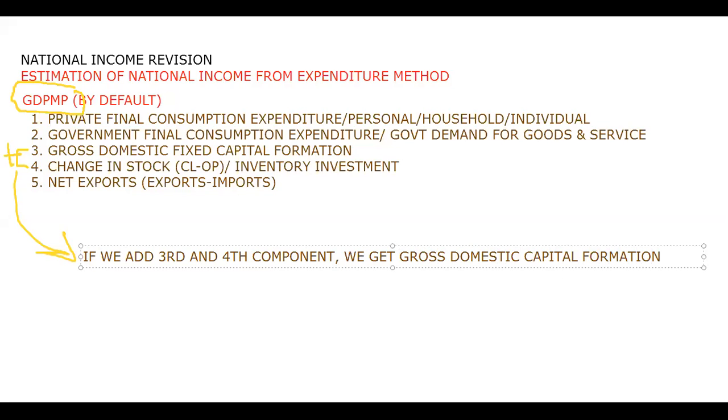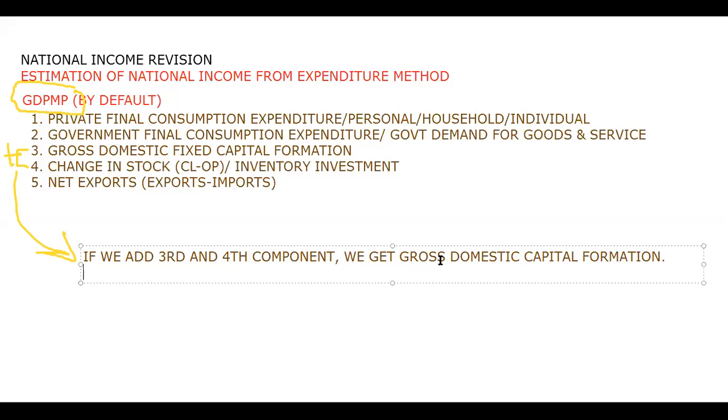Fixed word remove हो जाता है, which means it becomes the complete investment, total investment. So if we add these elements third and fourth together, we simply get gross domestic capital formation.